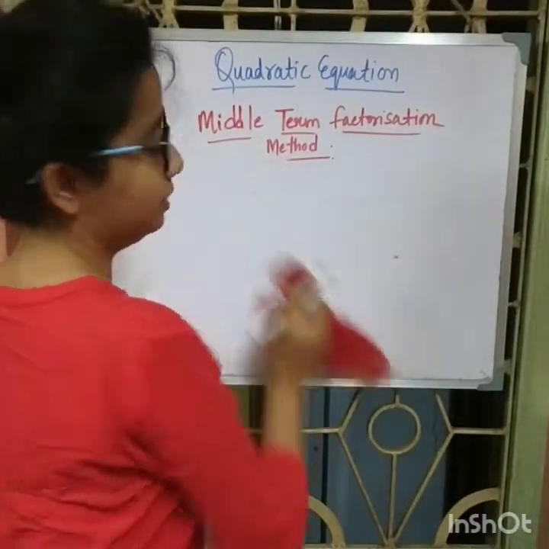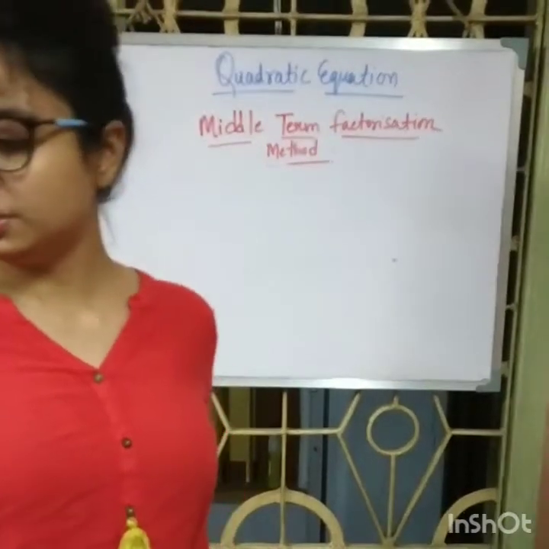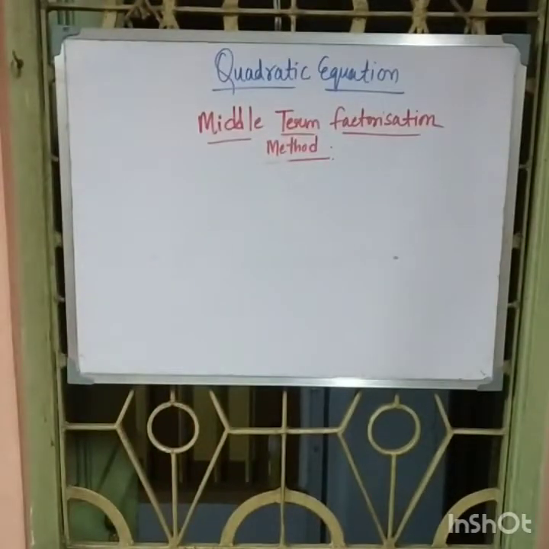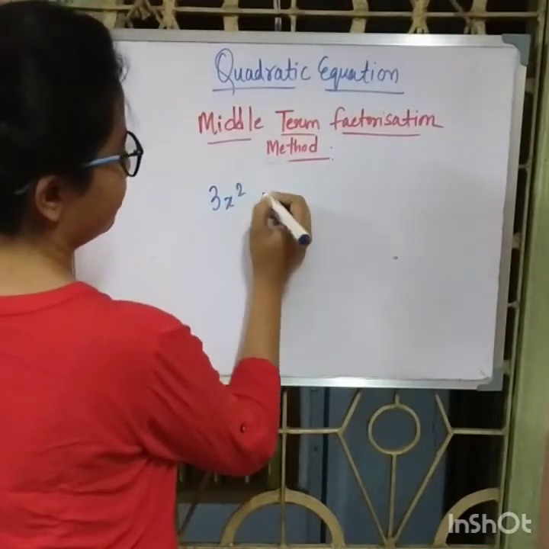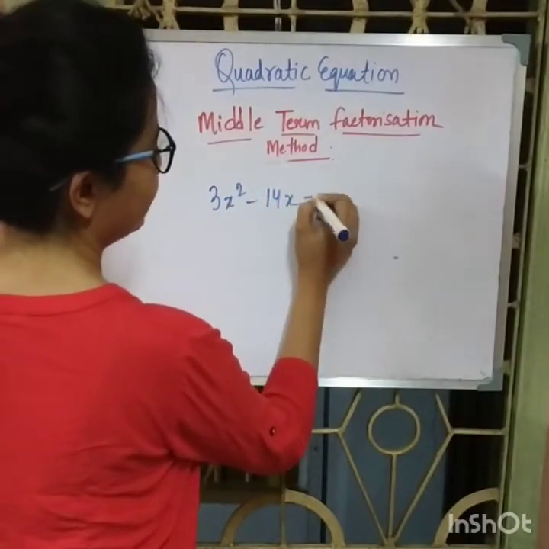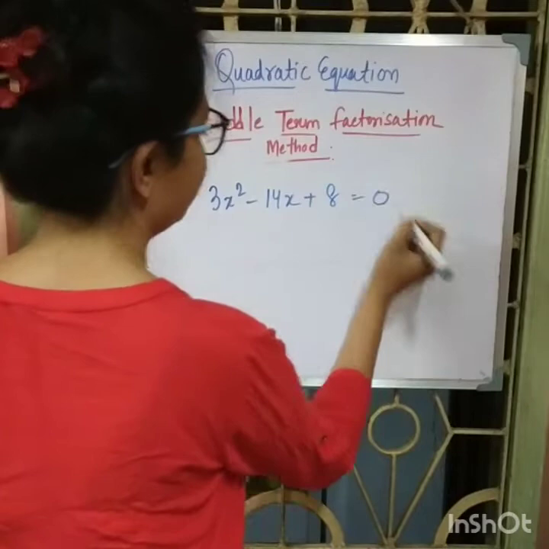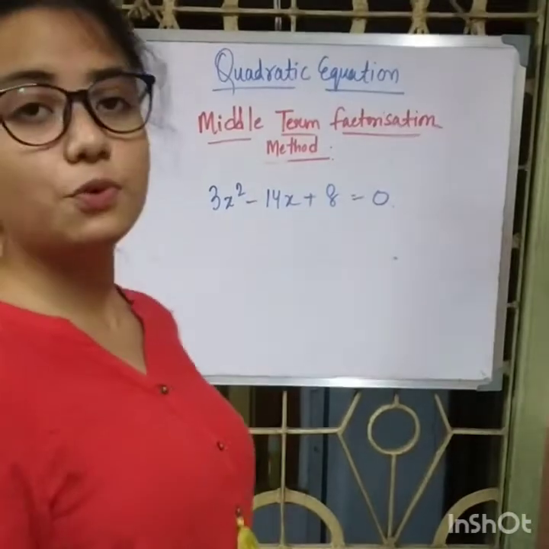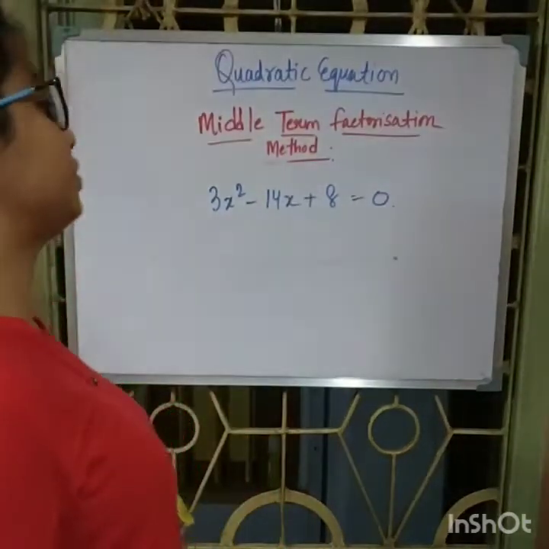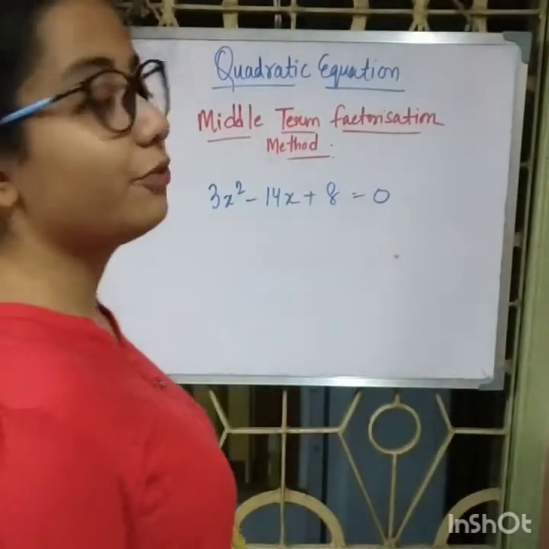For example, I'll take one equation. Okay, the equation is 3x square minus 14x plus 8 is equal to 0. So what are we going to do?